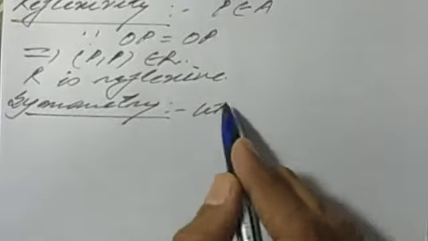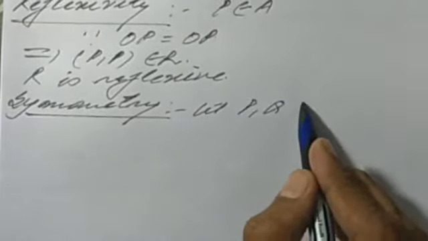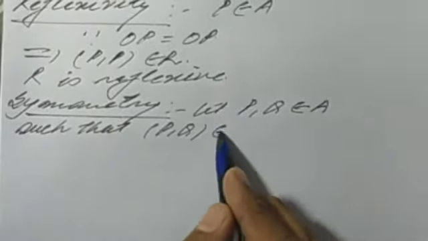Now let us talk about symmetry. For symmetry, let us take two arbitrary points P and Q from the set A such that (P, Q) belongs to R. It implies that OP is equal to OQ. The distance of P from origin is equal to the distance of Q from the origin, as given by the definition of relation in the sum.